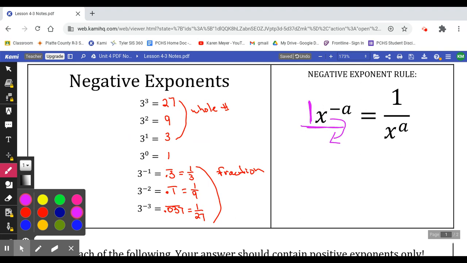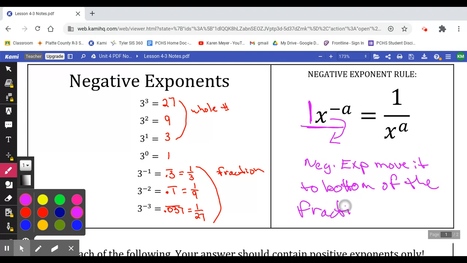So if I came over here to the side, if I took 3 to the negative first and I moved it down, it would become positive 3, and that's how I got 1/3. So moral of the story, if you have a negative exponent, you're going to move it to the bottom of the fraction, and it will become a positive exponent then.